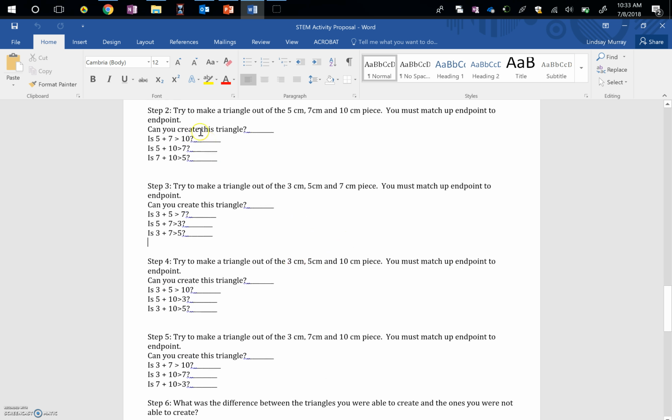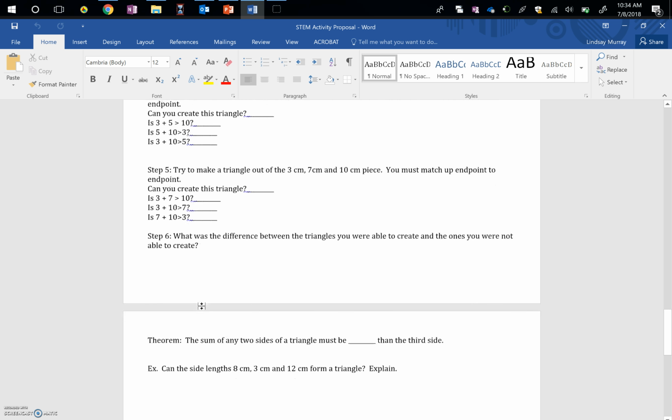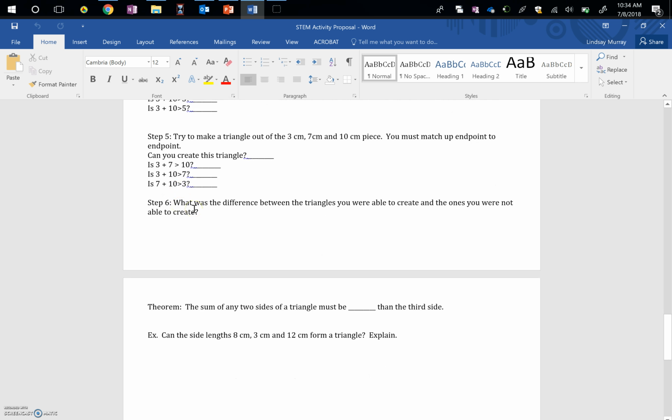Ideally, they would fill these out with yes or no and then discover that when there is a no, the triangle cannot be formed. Step 6 talks about that: what was the difference between the triangles you were able to create and the ones you were not? Obviously, the inequality did not hold true. Even for this last one, 3 plus 7 is not greater than 10, they would hopefully discover that it has to be strictly greater than.